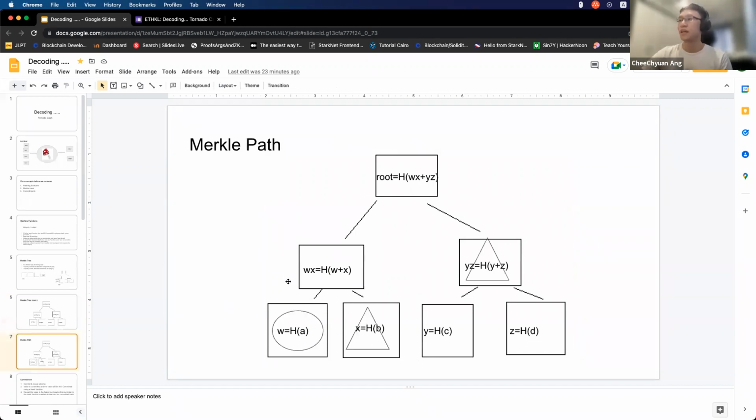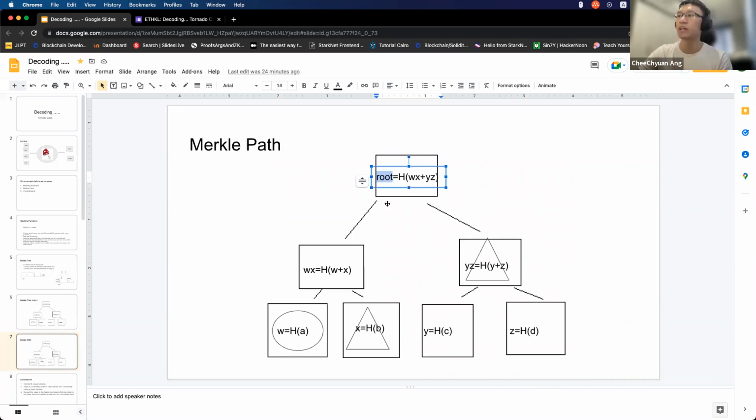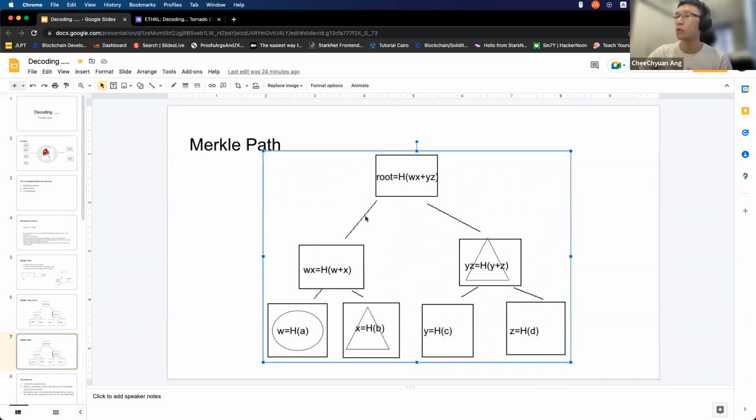Say that I want to prove that A exists in the tree. I do not need to look through all the leaf nodes. All I need to do is produce this thing called the Merkle path. You already know the root because it's publicly available to everyone. What I will need to do is provide you with this hash here and the hash here.